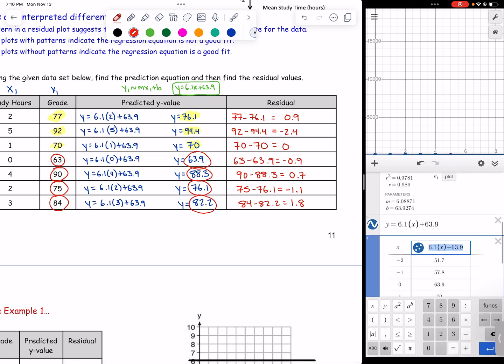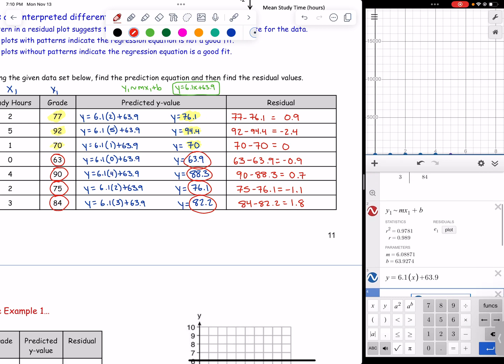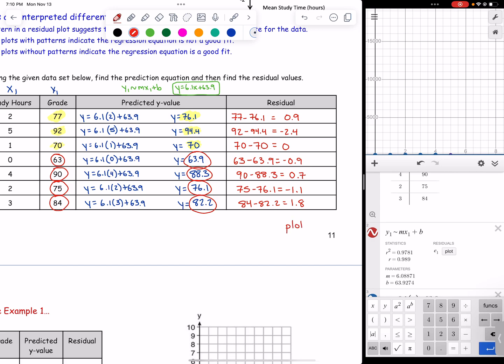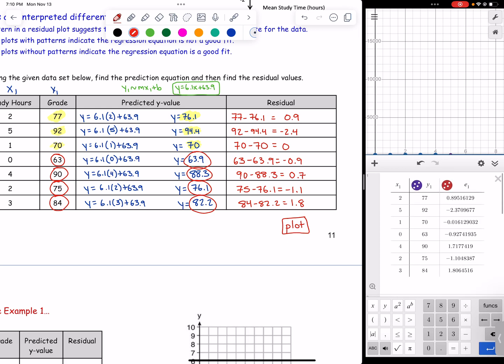Okay, so once we figure out the residuals, which your Desmos will figure out for you, we have done all of this work. If we go back to our original data, underneath it we got our linear regression equation. There's that little word down there that says plot in the box. Hit that button and what pops up are the residuals. So Desmos actually finds all of those numbers for you. We just did it this one time to show you where they come from, but they're actually right there for you.